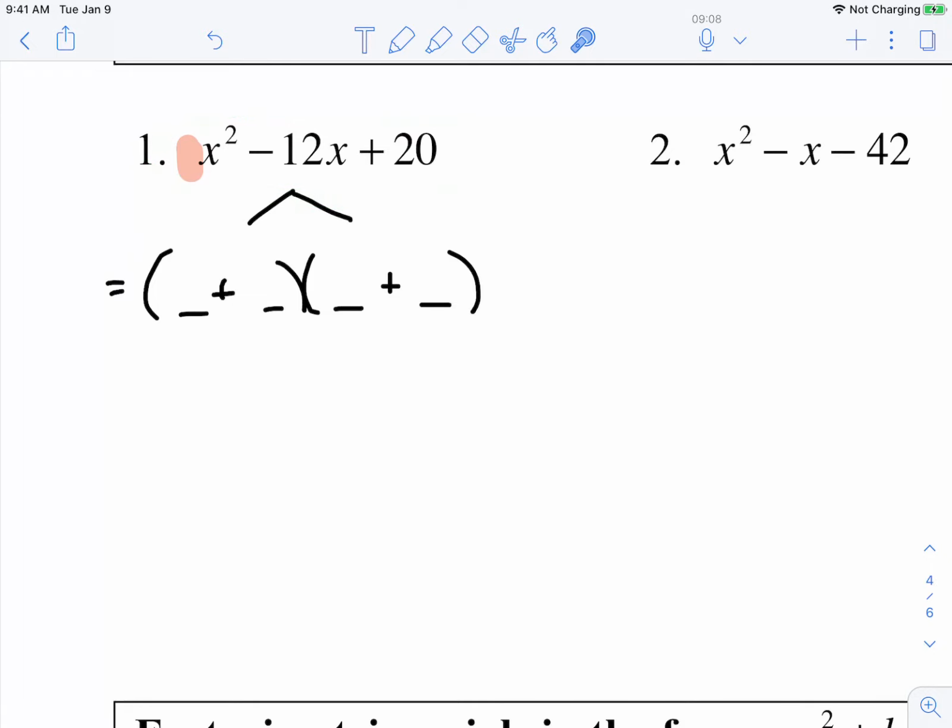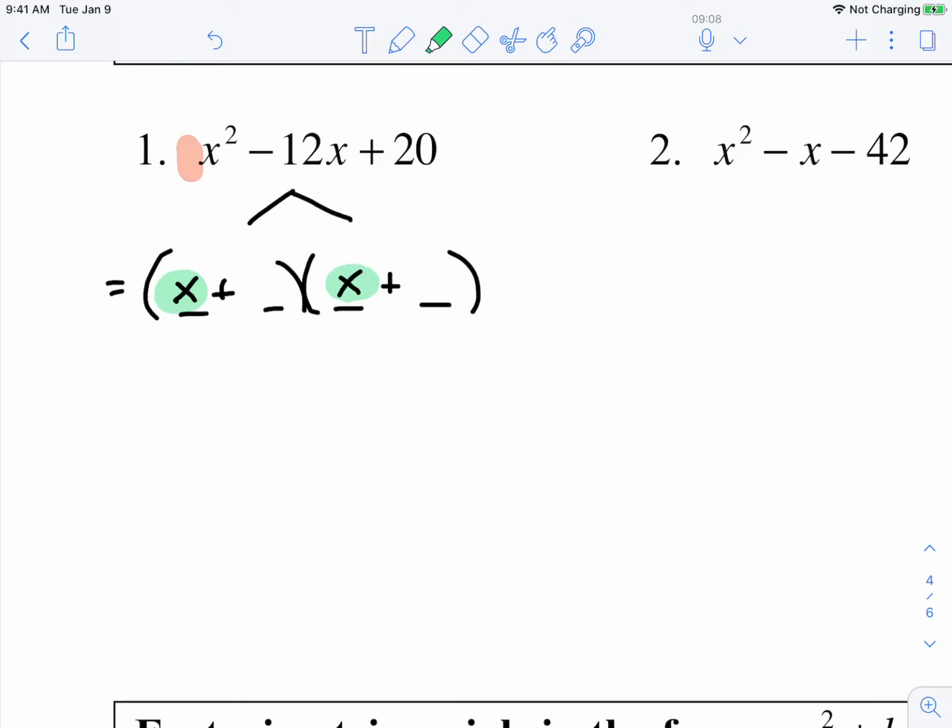All right, so let's see where we would get an x squared from. That's our first term, so that would come from the first times the first. These 2 things, when multiplied, should give you your first term. So we factor them. X squared can be factored into x and x.